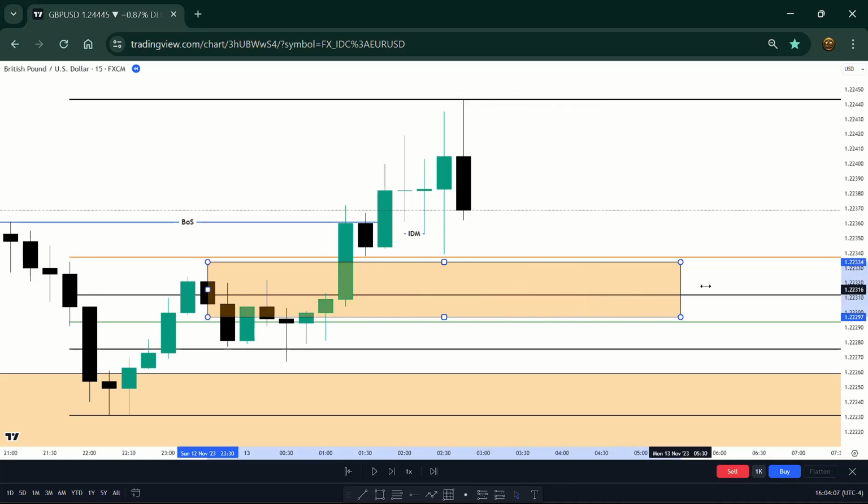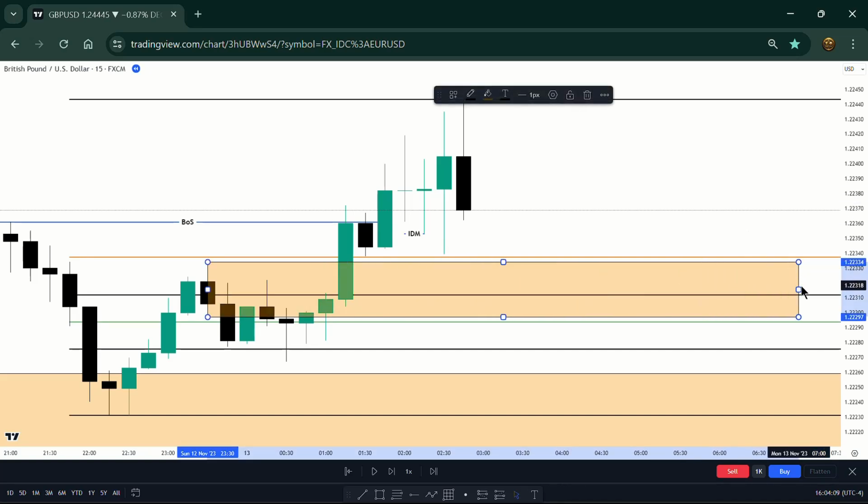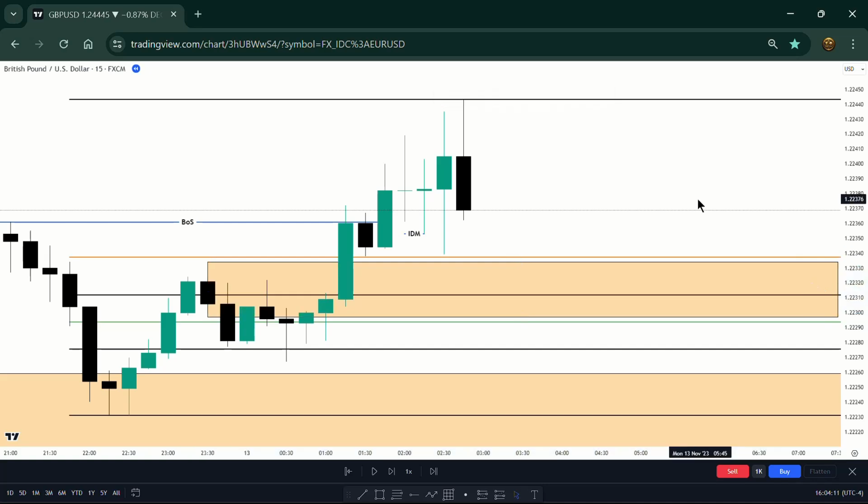Just draw it out like that, in case of anything. Of course, down here, you also have this order block here. And then all the way down there, there's nothing, which means this is going to be your extreme.